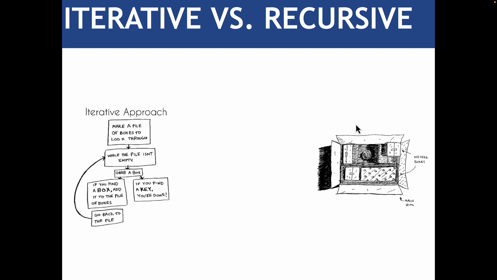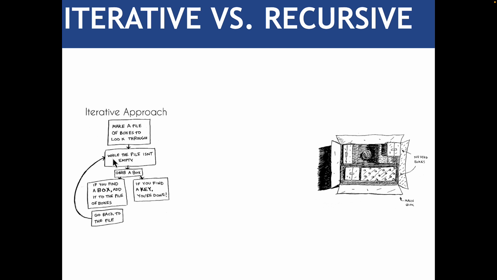Maybe you will do an iterative approach, okay, using like a for loop. You have a pile of boxes, nested one box inside the other, and you will try to find the key in this box. So you will do, for example, a while loop. You don't know when you're going to end. Maybe you need to open 10 boxes or 3 boxes. So we use while loop when we don't know the number of iterations, right? Yes. Okay, so we use the while loop.